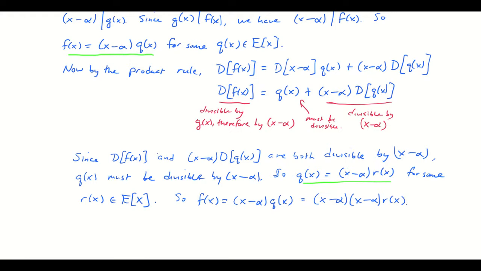So this means that alpha is a multiple root of f of x. Alpha is in that extension, and it's a multiple root of f of x. And so our argument is complete. If f of x and its derivative share a common factor, then f of x has a multiple root, and we are done.